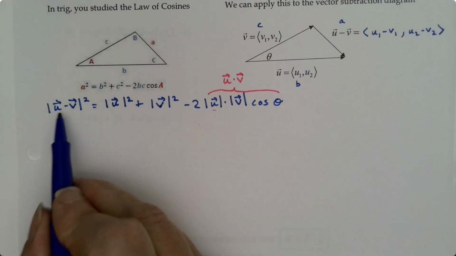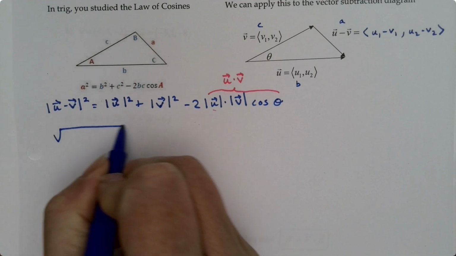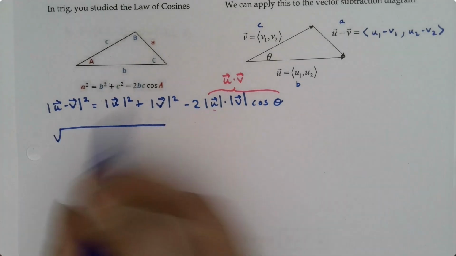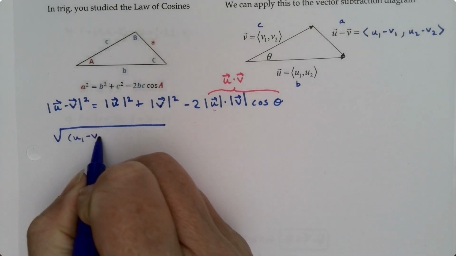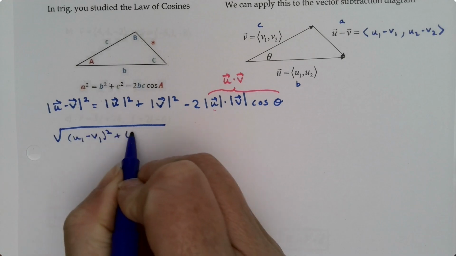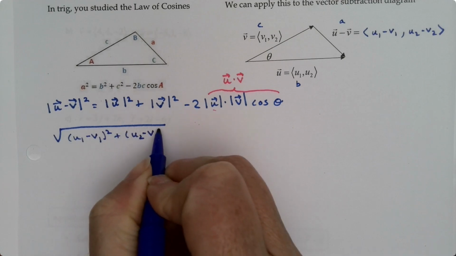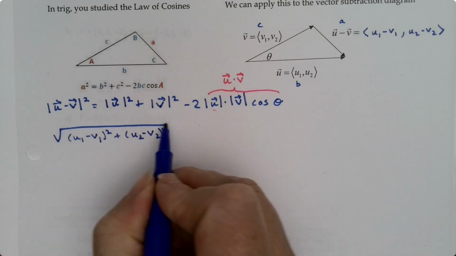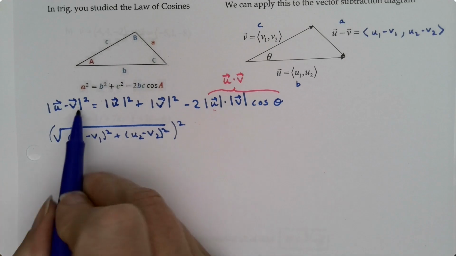Now the magnitude of a vector is the square root of the sum of the squares of its components. So in this case it'd be the square root of u1 minus v1 squared plus u2 minus v2 squared. And we're going to take that magnitude and we're going to square it.